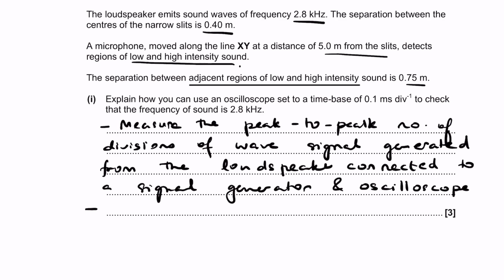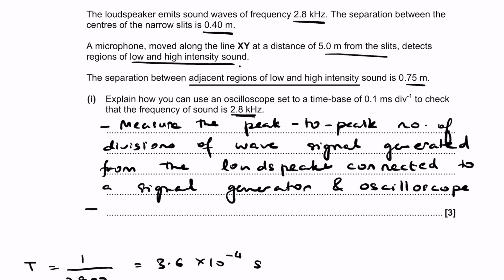And then in order to check the frequency to be 2.8 kilohertz, I could just do 1 over 2800 to work out on the side what the time period should be, so how many divisions there should be. That is going to be equal to 3.6 times 10 to the minus 4 seconds.